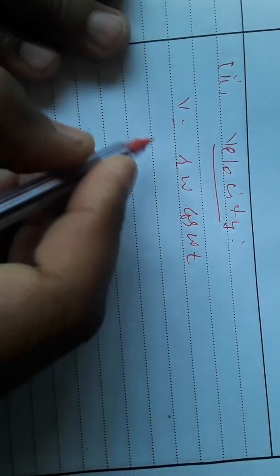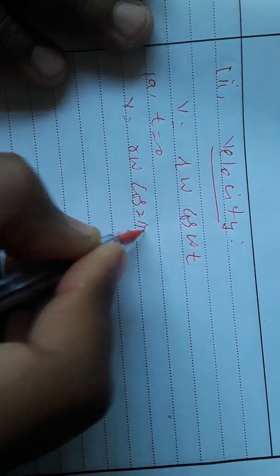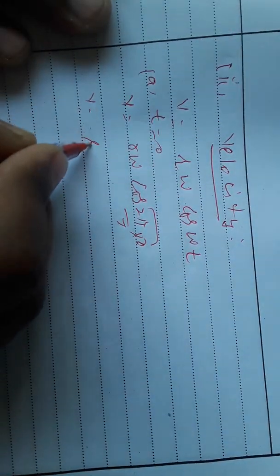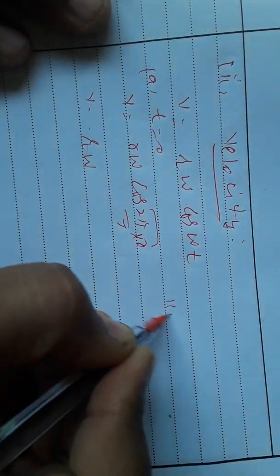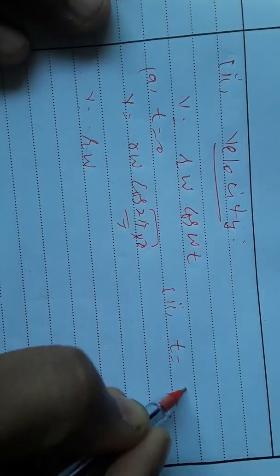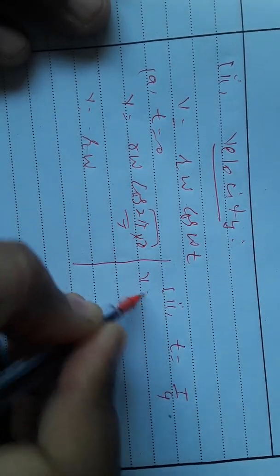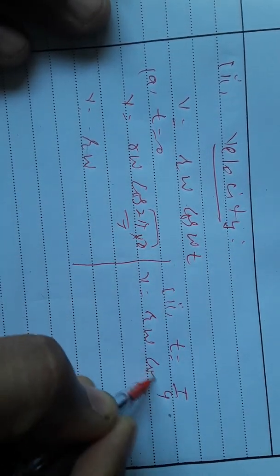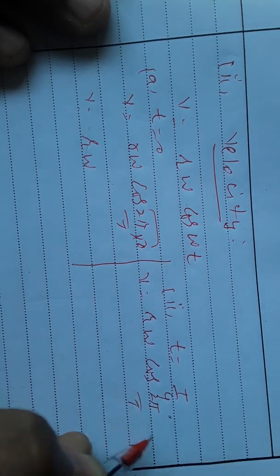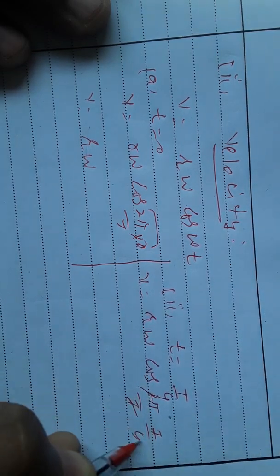For the velocity, we know v is equal to r omega cos omega t. Put t is equal to 0: r omega cos 2 pi upon T into 0. Cos 0 will be 1, so v is equal to r omega. Second, small t is equal to T by 4, so we get v is equal to r omega cos 2 pi upon T into T by 4.